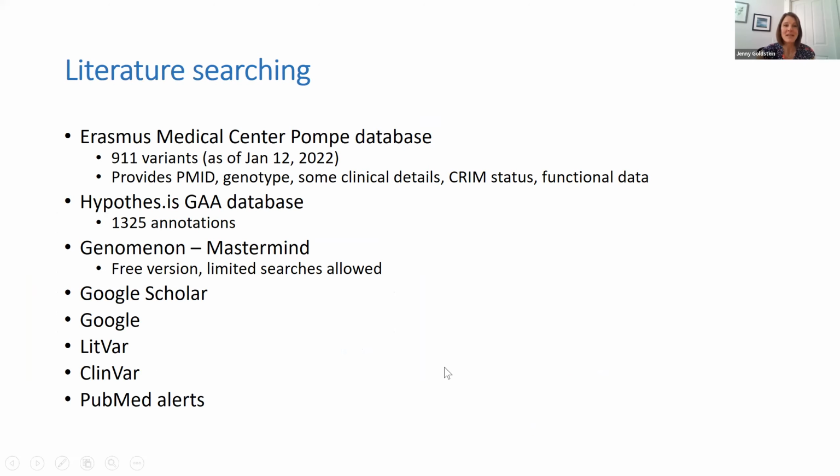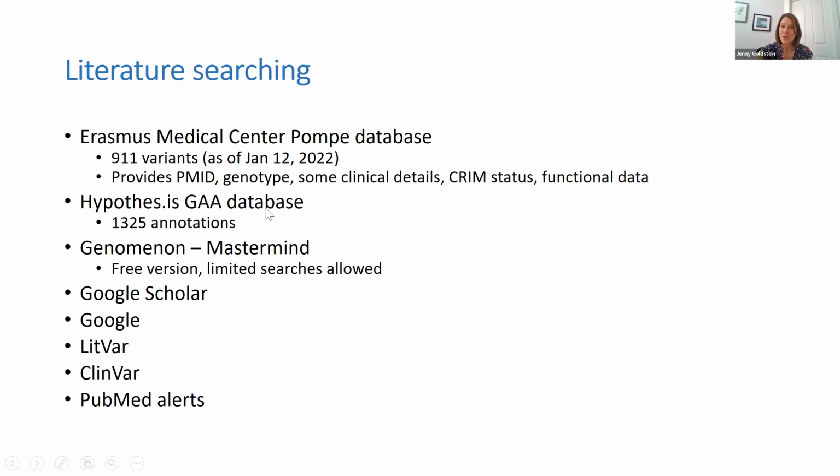With Pompe disease, we are incredibly lucky that there's this great database from the Erasmus Medical Center in the Netherlands, which basically has looked through all of the literature. It provides us a list of variants, the PMIDs where that variant is located, and some basic information about the patients. Once in a while, I'll find a paper that's not in there, but in general, this is a really great place for us to start.